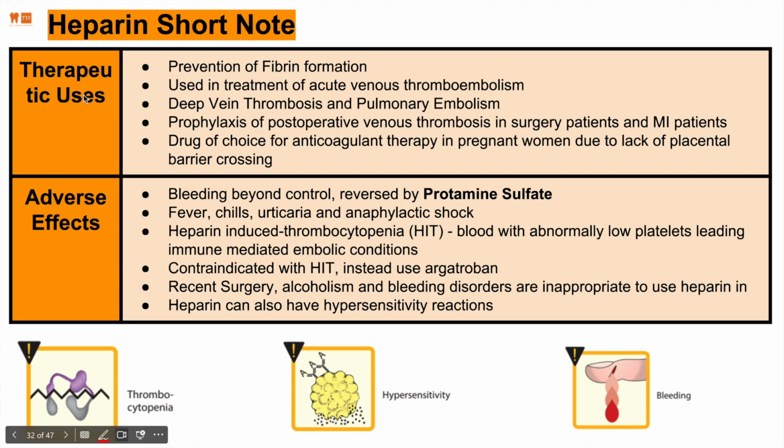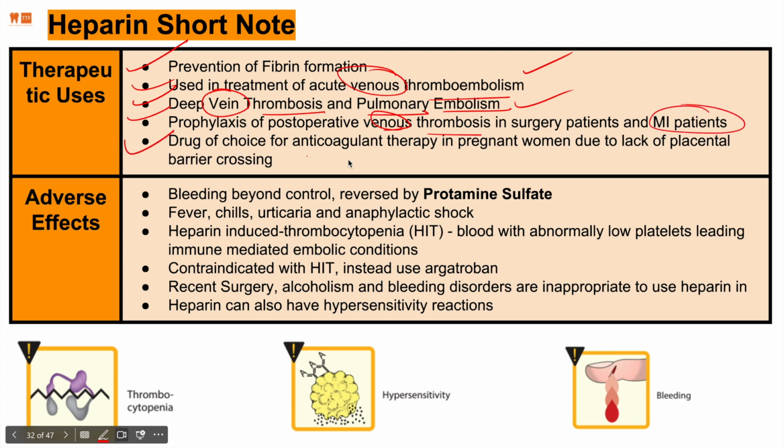Heparin therapeutic uses. Prevention of fibrin clots, used in the treatment of acute venous thromboembolism, deep vein thrombosis, pulmonary vein embolism, prophylaxis of postoperative venous thrombosis in surgeries in patients and MI patients as well, mild effect.